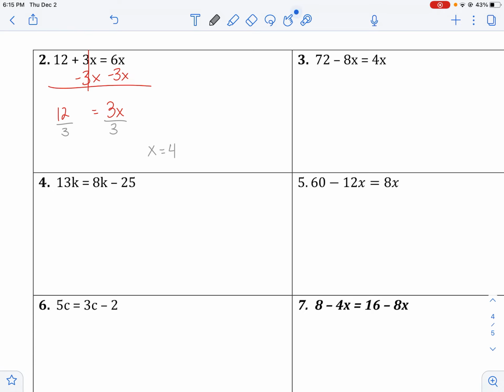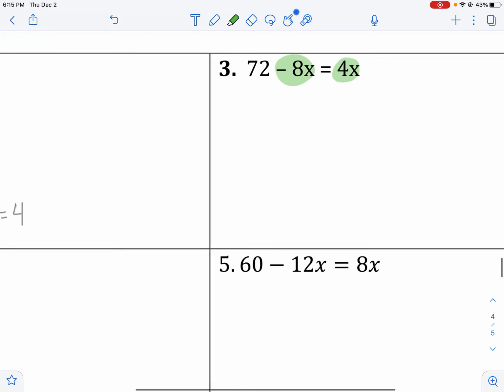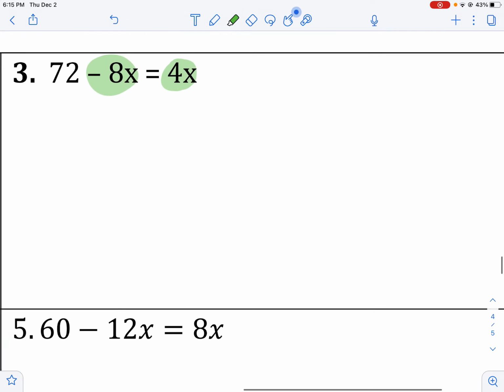All right, and on number 3, again, same idea. I want to get my like terms together. Make sure that you keep your negative sign with the 8x. If you have subtraction, or a minus 8x, you'd have to do the opposite operation again here.